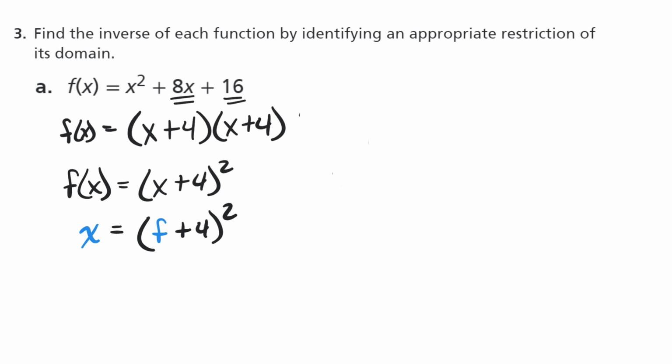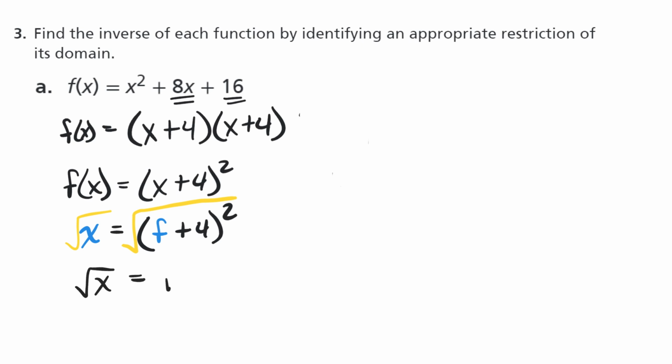You got to take care of the outermost stuff first. If there's adding or subtracting on the outside of the parentheses, you take care of that first. Multiplying or dividing, you take care of that next. So we don't have any of those, so the next thing we need to do is to get rid of this square sign. So we do that by square rooting both sides.